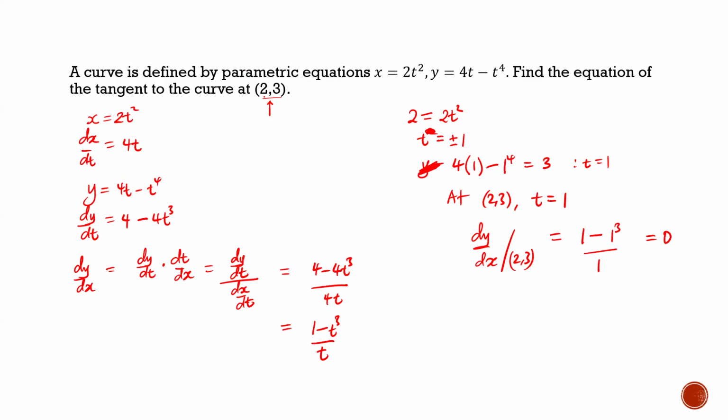To find the equation of the tangent at that point, you could use y minus y naught is equal to the gradient times (x minus x naught), where the gradient is 0. And so you have that y minus 3 is equal to 0, since the x minus x naught will just be multiplied with 0 and give us 0. And so y equals 3 is the equation of the tangent to the curve at the point (2, 3).